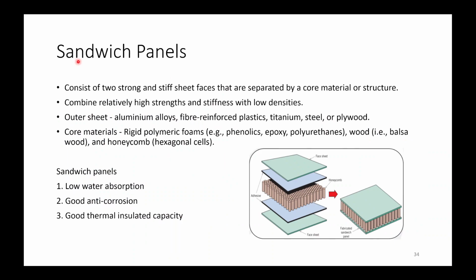Another composite is sandwich panels. It consists of two strong and stiff sheet faces that are separated by a core material or structure. Now it combines relatively high strength and stiffness with low densities. The outer sheet is made of aluminium alloys, fiber reinforced plastics, titanium, steel or plywood.